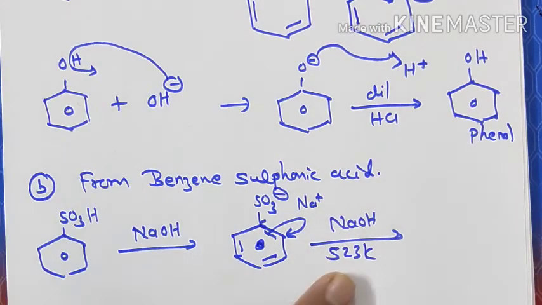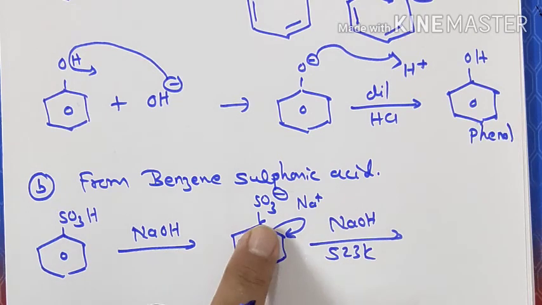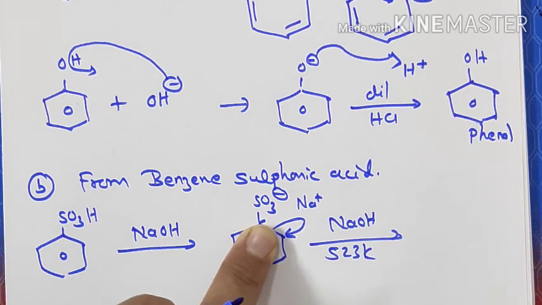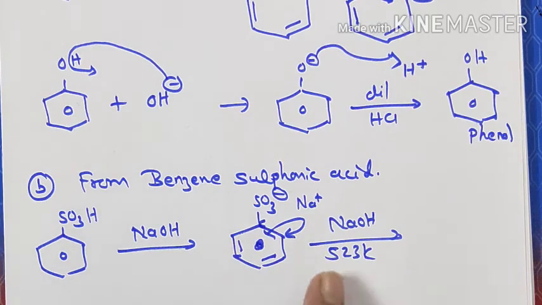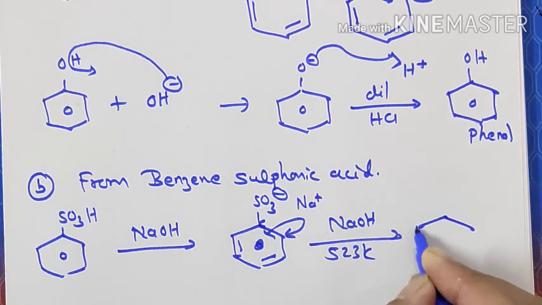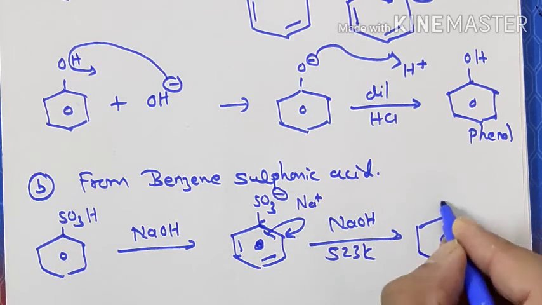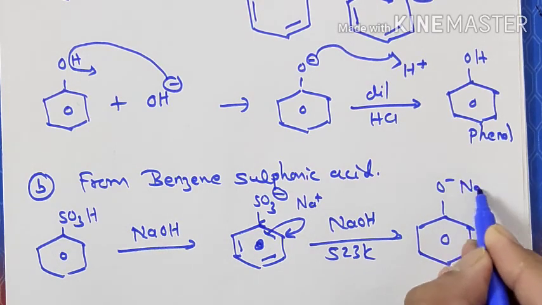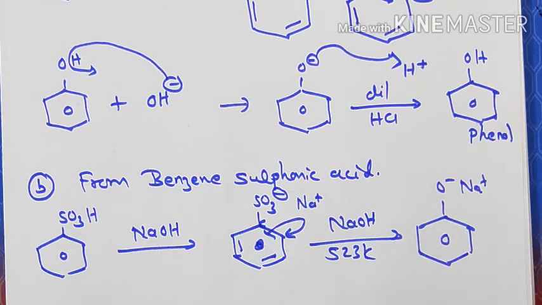Right, this is 100 Kelvin or 100 degrees lesser, because SO3 minus is a better leaving group in comparison to Cl minus. So when I add this, now OH minus is going to substitute this SO3 minus, and there will be formation of phenoxide. Right, we have to write like this, but actually there's a formation of phenoxide.